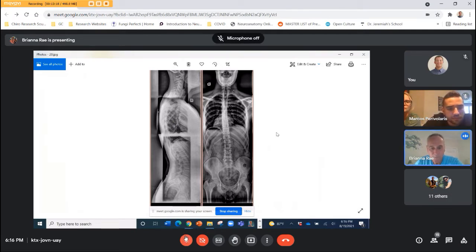Okay, so just a couple of introductory things on x-rays. If you're going to take full spine x-rays and you want to do it as close to how Gonstead wanted us to do it, you're going to take the A to P in one shot. You're not going to take it in two shots. You're going to take it in one shot.